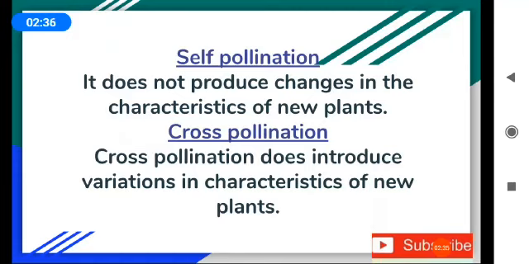So there is no chance of producing new characters in new plants. But cross-pollination does introduce variations in characteristics because in cross-pollination two different plants are involved. So different characteristics from different plants are introduced in new plants.